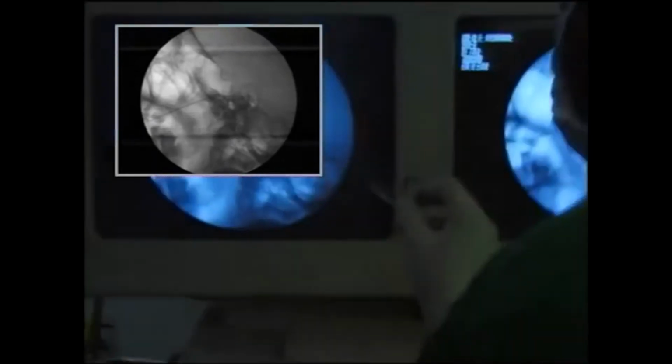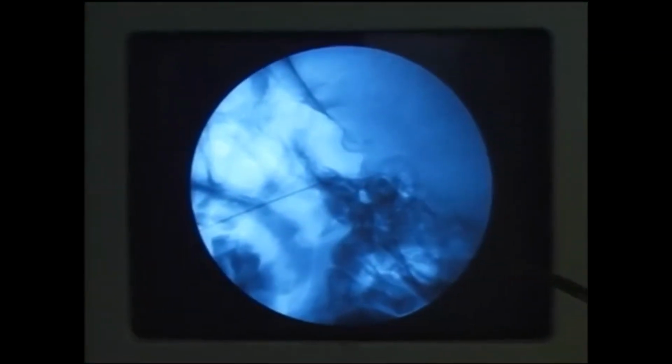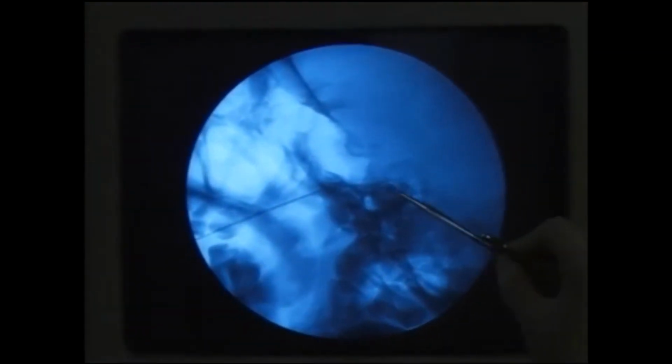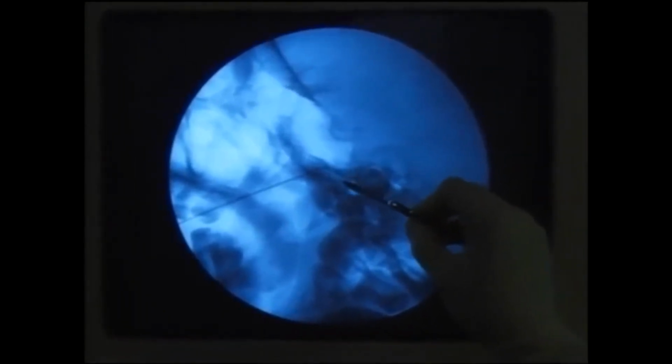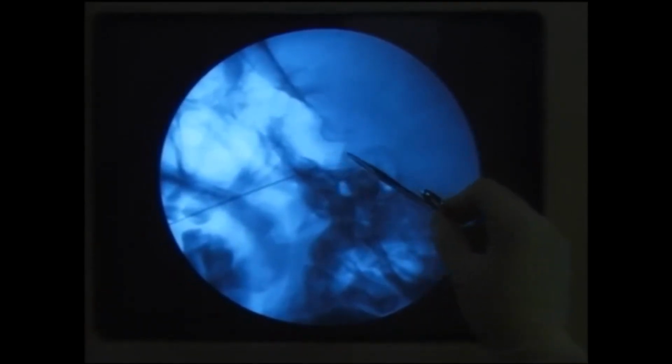Meckel's. Can you see, sir? Now the foramen ovale is at this level, and this whole thing is the foramen ovale. The Meckel's cave is somewhere here.